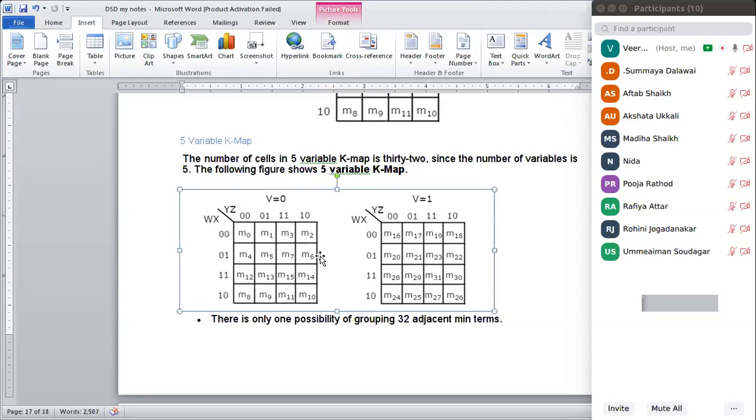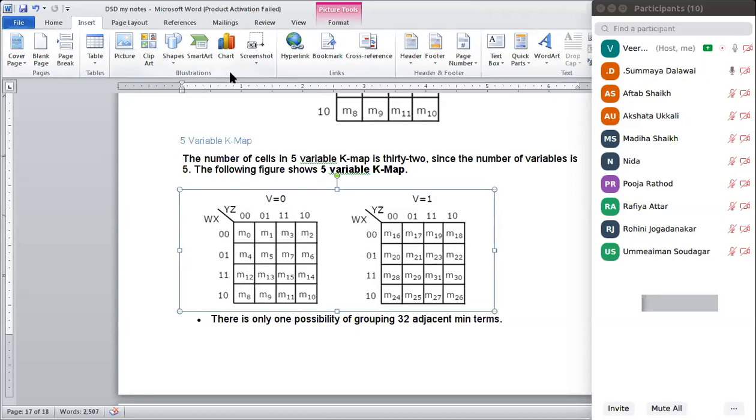The fifth variable V is either 0 for 16 times, or 1 for another 16 times. The rest of Wx, Yz are going to vary for 16 times, 16 as well as 16, a total of 32 times.